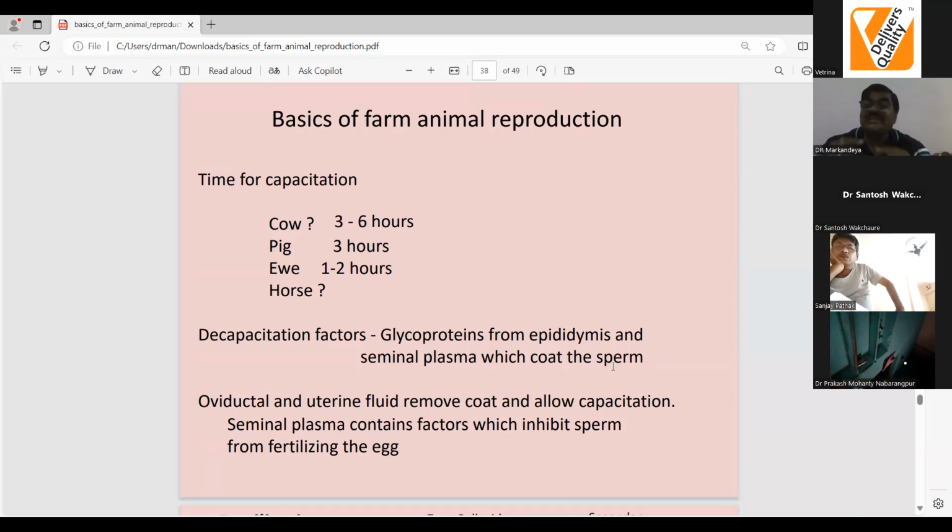Each cell is fixed to the others by a cementing substance, like cement between bricks, and the bricks are the corona cells. Hyaluronic acid is the cementing substance. Breaking this cement requires the enzyme hyaluronidase, which will break these brick walls, the corona walls, so each cell gets separated out.